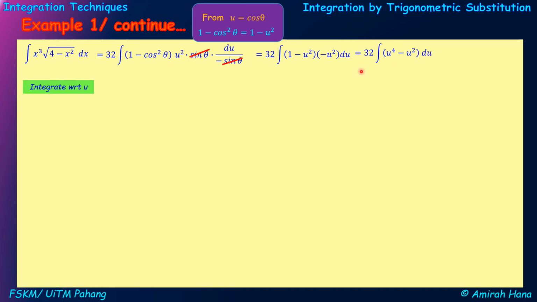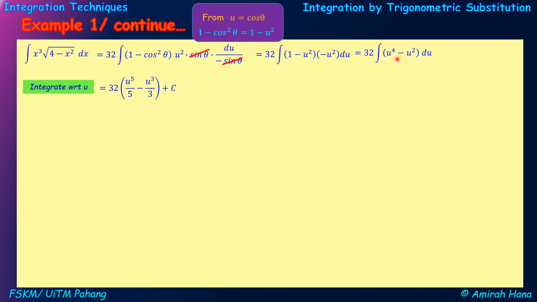And after that, from here, we can integrate with respect to u, because all terms contain u and du. No more variable theta. Alright? So after we integrate using the power rule, we still have constant 32 in front here, and then we integrate u to the power of 4 using the power rule, so we get u to the power of 5 over 5.